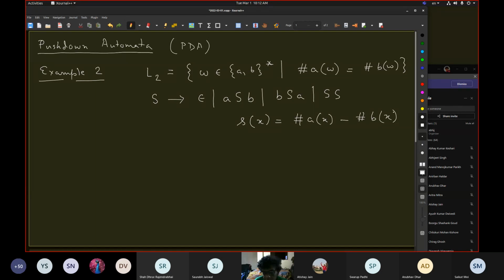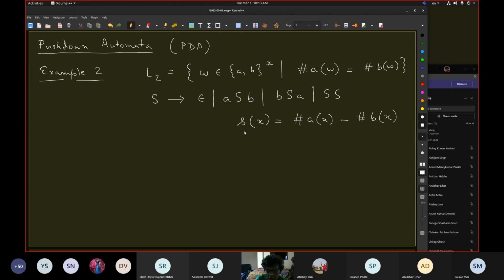So I now will design a machine, a PDA to be more precise, that will essentially keep track of this surplus function S(x) in its stack. And the surplus can be arbitrarily big. For example, if I look at a string like A power million, B power million, surplus will grow as big as 1 million.